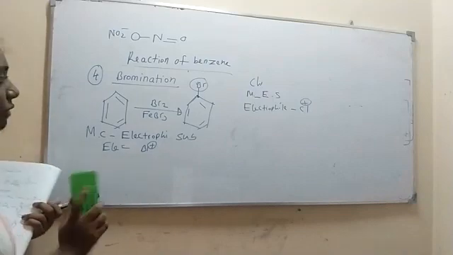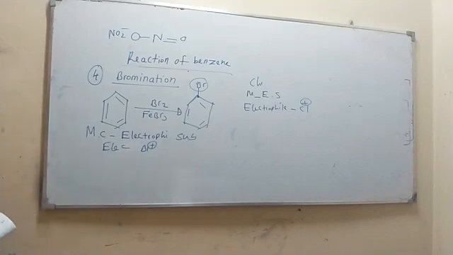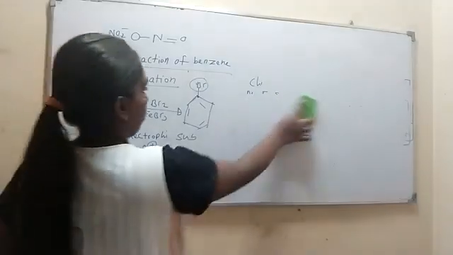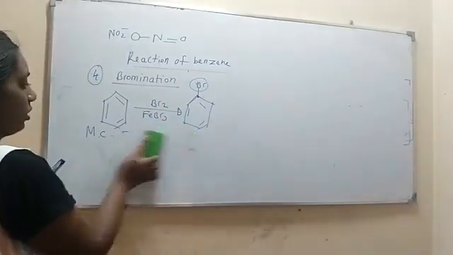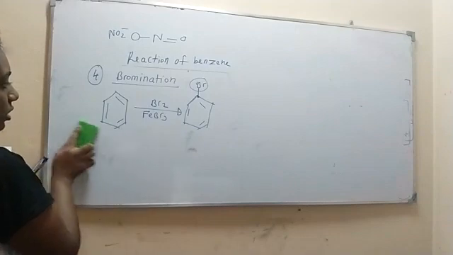So for every reaction it is better to know what the mechanism is, that means what reaction type it is, electrophilic addition or electrophilic substitution, and what the electrophile or nucleophile is in that reaction. Miss, an electrophile is an electron acceptor.